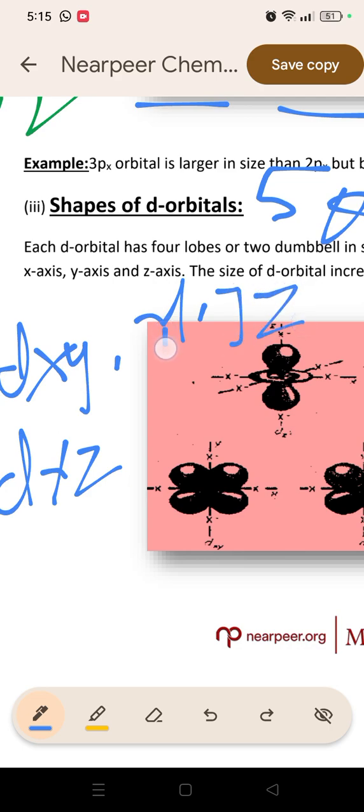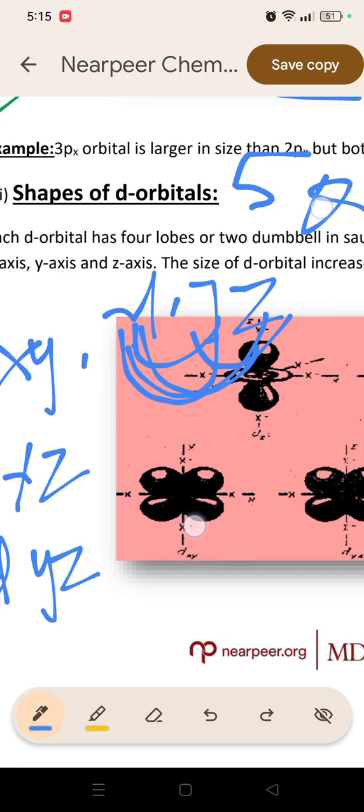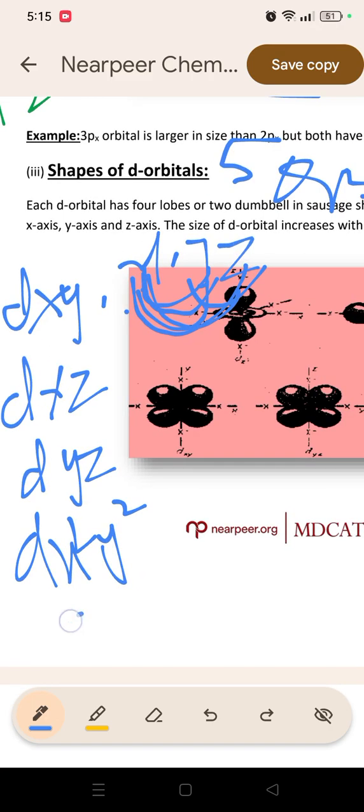So first x would be with y, dxy, then x with z, dxz, and now y would be with z, so dyz, and again dx²-y², and z would be dz². Okay, so these 5 are the shapes.